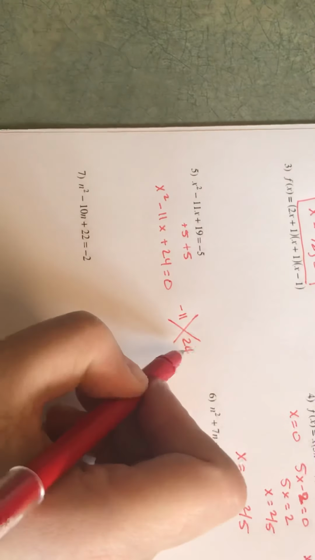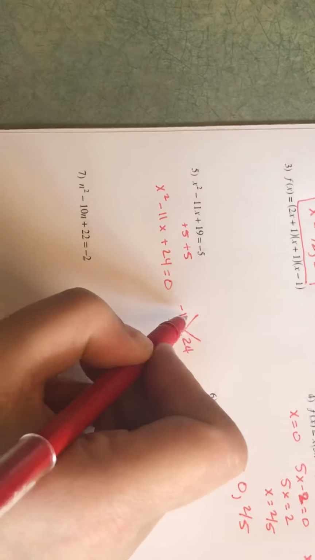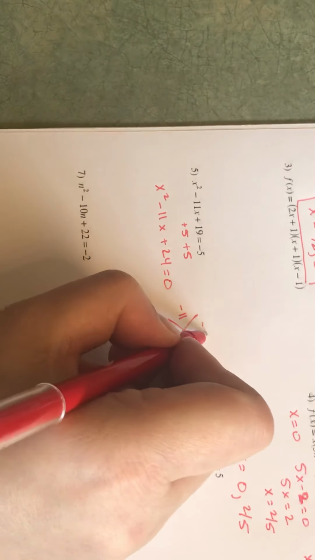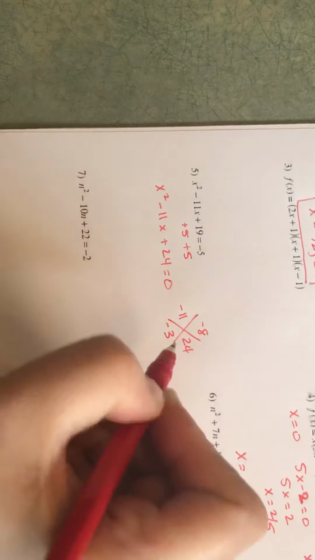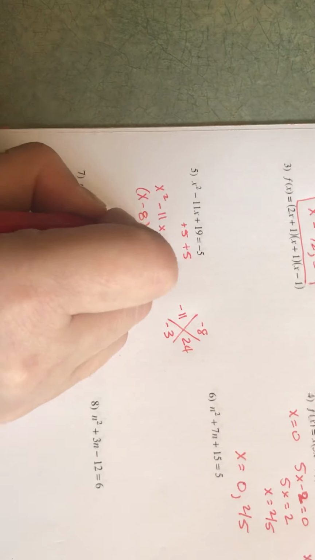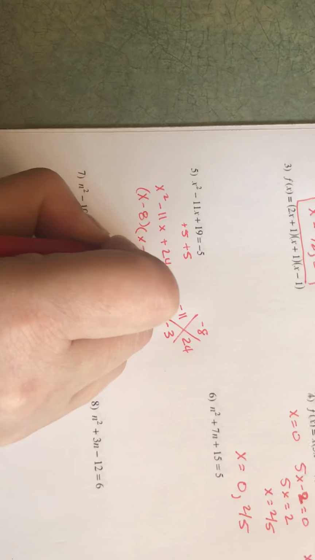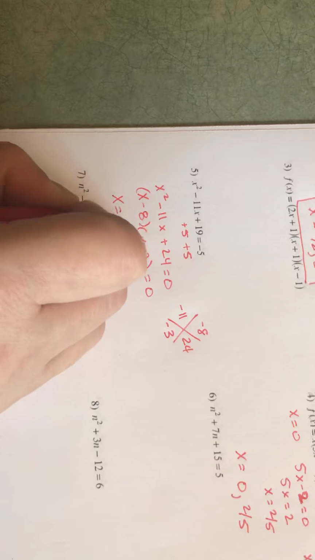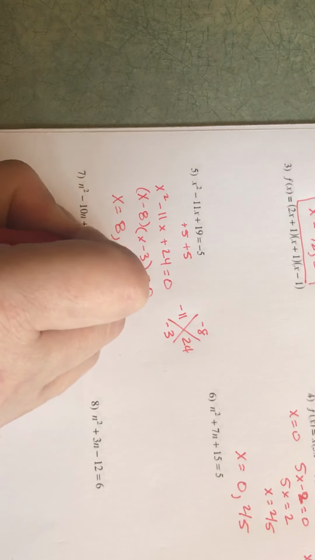I need two numbers that multiply to make 24 and add to make -11. Let's see. 12 and 2, no. 8 and 3, so -8 and -3. x minus 8 and x minus 3 equals 0, so x would be +8 and +3.